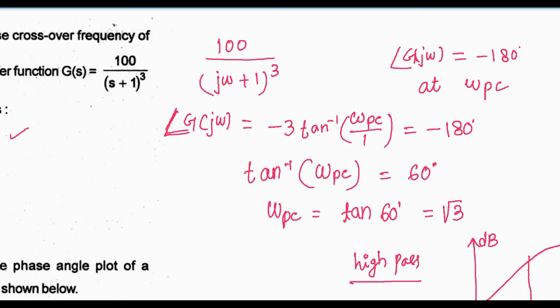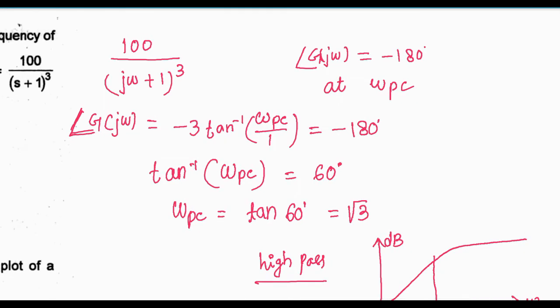If we find out its angle, this will be minus 3 tan inverse of omega pc by 1 equal to minus 180, because at omega pc, that is phase crossover frequency, the angle should be minus 180.